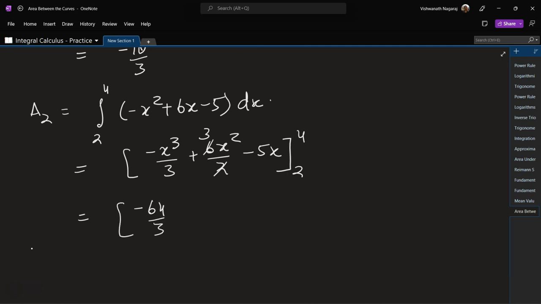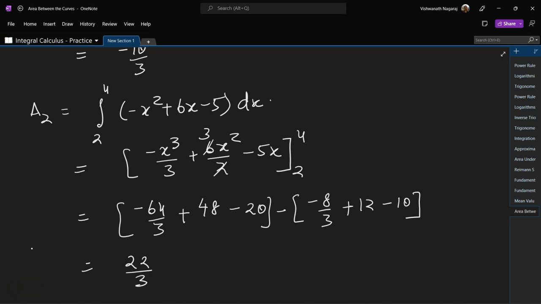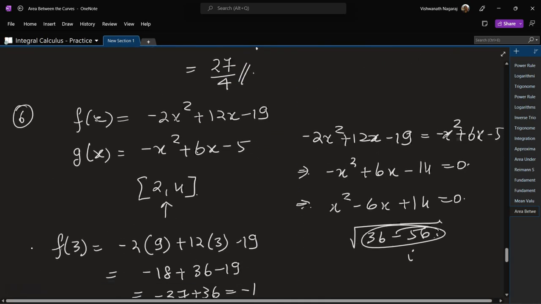Minus 64 by 3 plus 6 times 16 by 2, which is 48, minus 20. Minus, now let's substitute 2. So minus 2 cube is 8 by 3 plus 4 times 3 is 12, minus 10. And again, if we evaluate all these things, we get 22 by 3. So, which is higher?